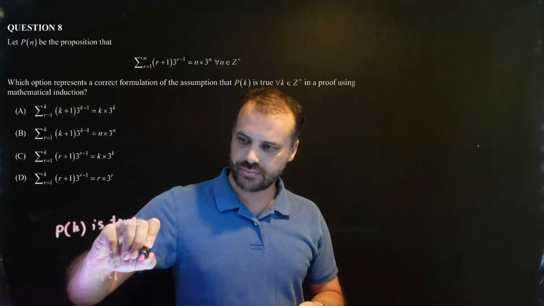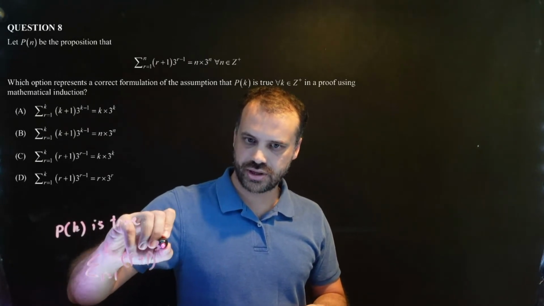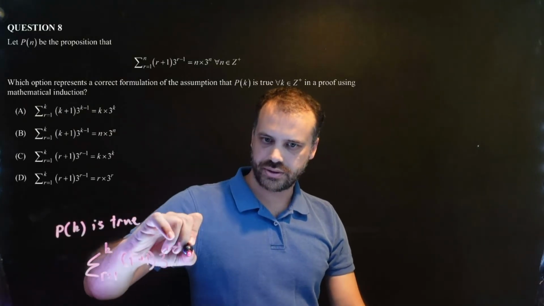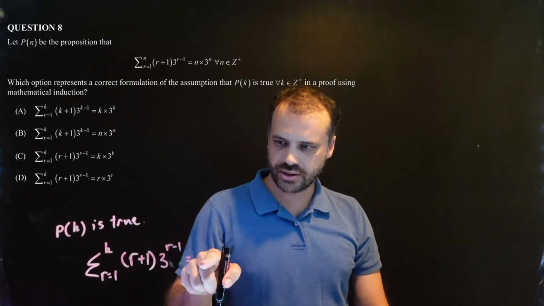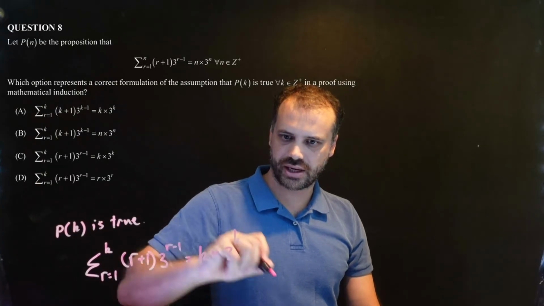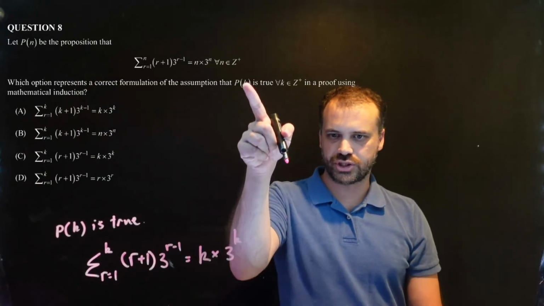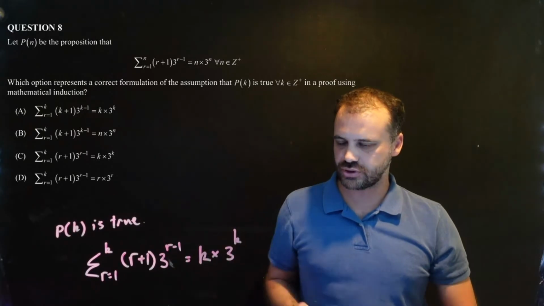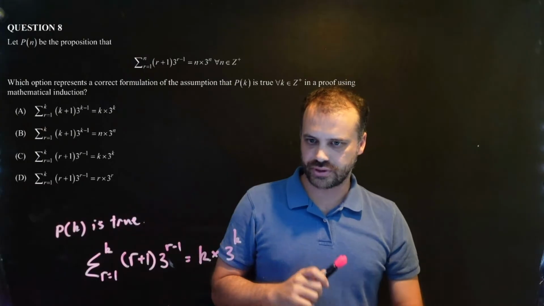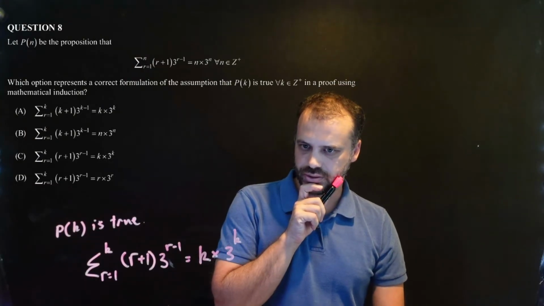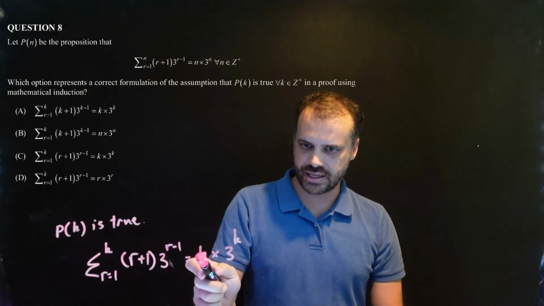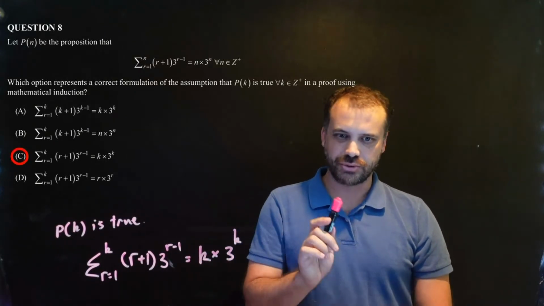Then we have r plus 1, times 3 to the r minus 1 equals, not N, K, times 3 to the K. And then all that other junk, but we don't have to put that in there because it's not in any of those options. Is what I've written appearing in any of these? Yeah, I think I can see it. Option C looks identical to mine.